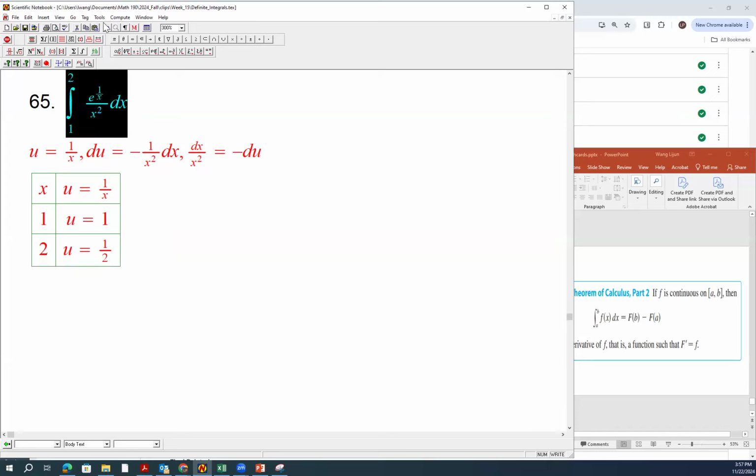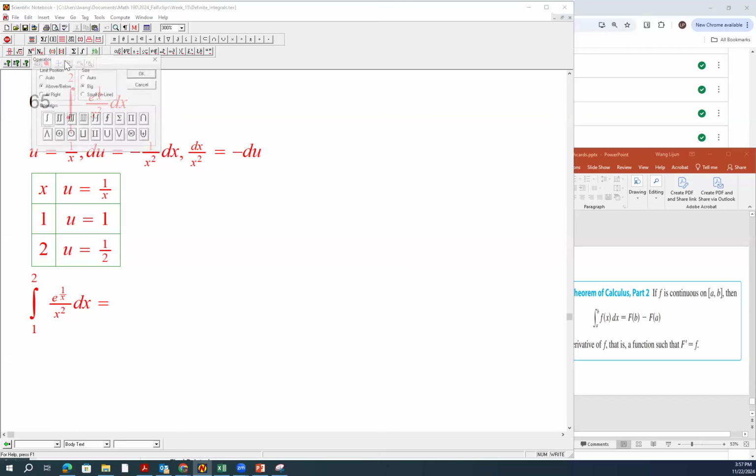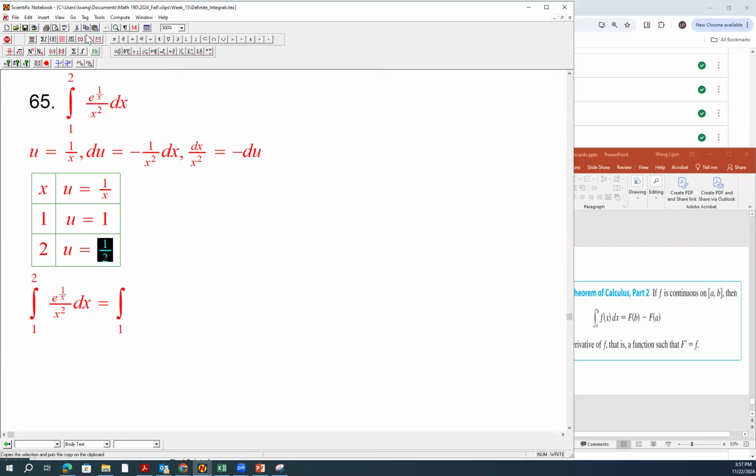So now let's do the 1, 2, 3 substitution. Lower limit 1, upper limit half.